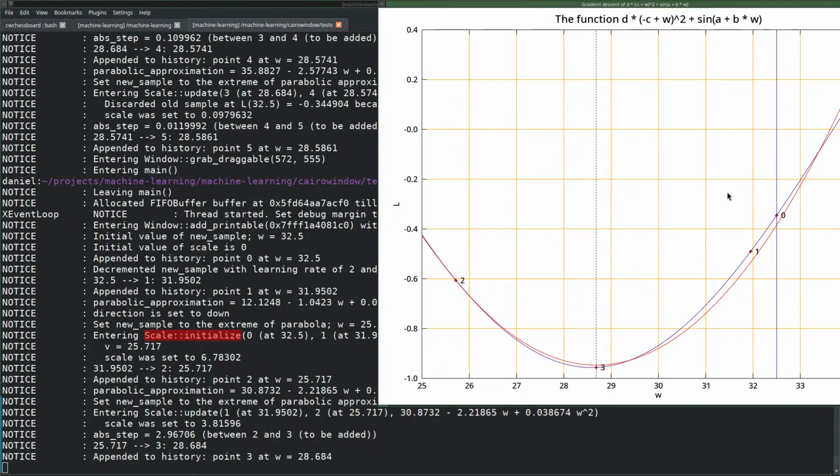Let's see. Can I draw the derivative here? It seems a bit big. The derivative is going to be like up there above. See, I need two graphs at the same time, two windows.